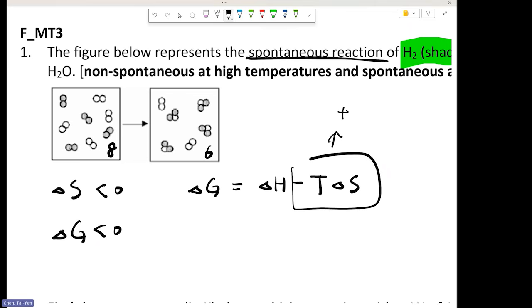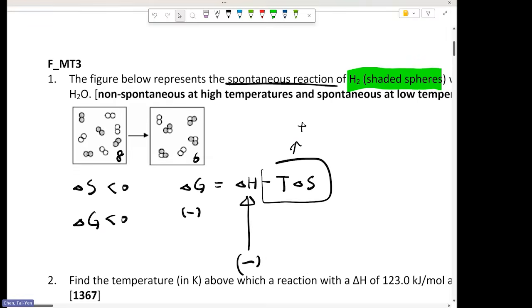You also know your delta G is negative. Then what is the sign of your delta H? It has to be negative.